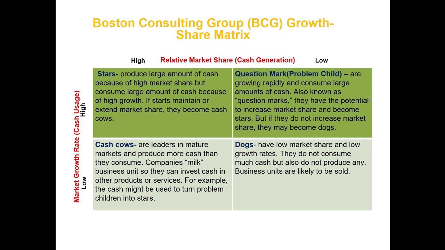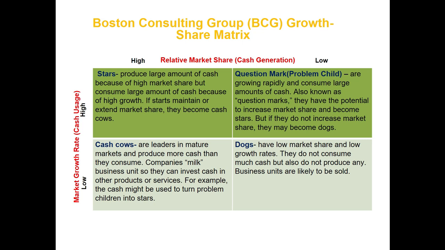So dogs, they have low market share and low growth rates. They do not consume much cash, but they do not produce any also. Okay, so business units are likely to be sold. And then we have, of course, the cash cow. So these are leaders in mature markets and produce more cash than they consume.